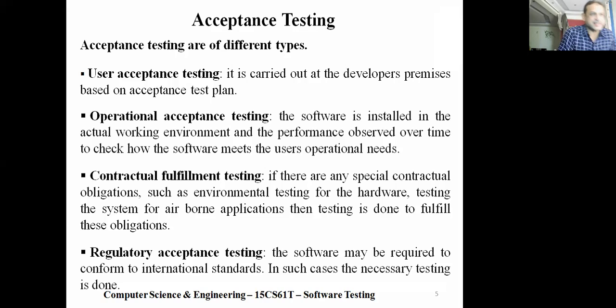Next, operational acceptance testing. The software is installed in the actual working environment and the performance is observed over time to check how the software meets the user's operational needs.